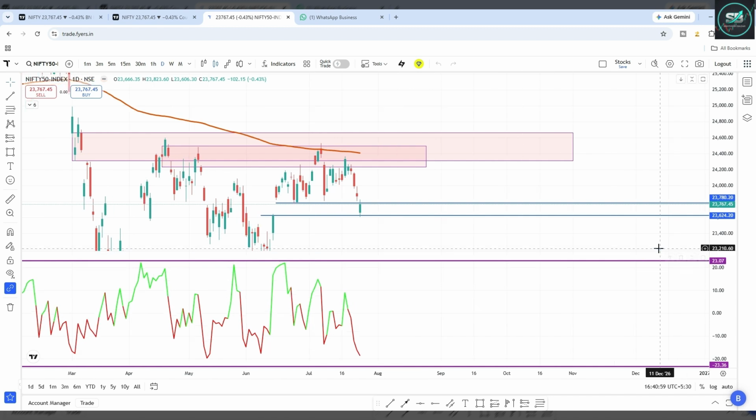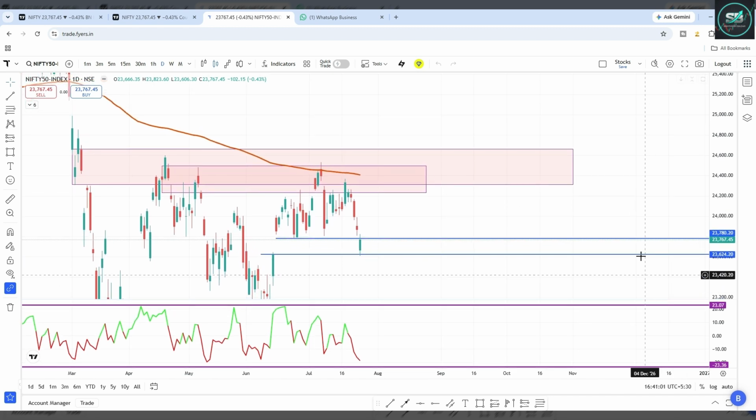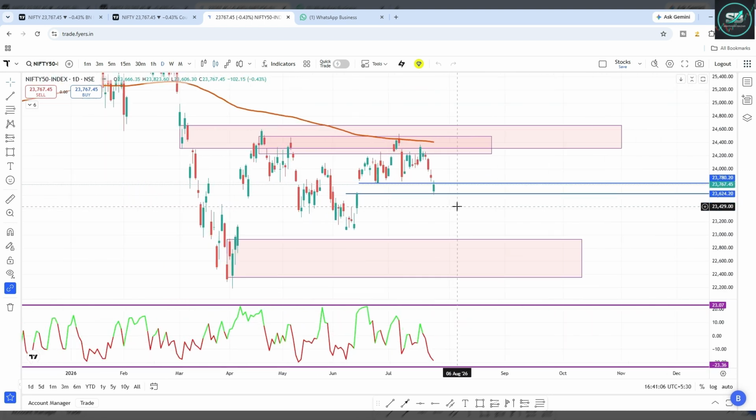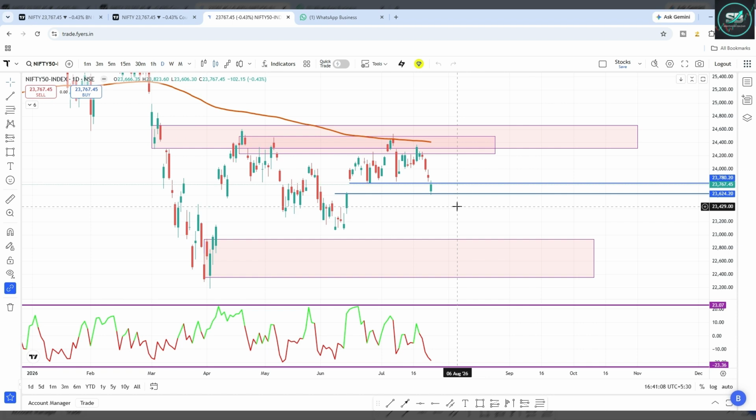Hope this analysis has helped you learn how to track using Fibonacci, how to track those pivot levels, and how to see those retracement levels, how to mark these supply and demand zones. Hope you got some learning from this video along with the analysis. Just focus on learning, not only the analysis.